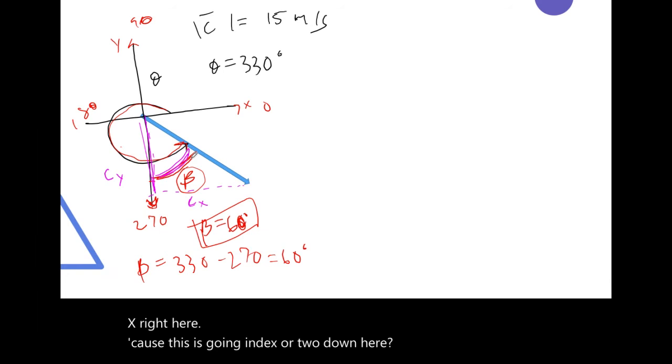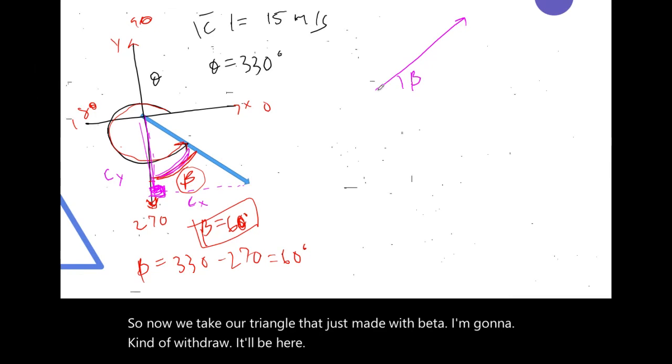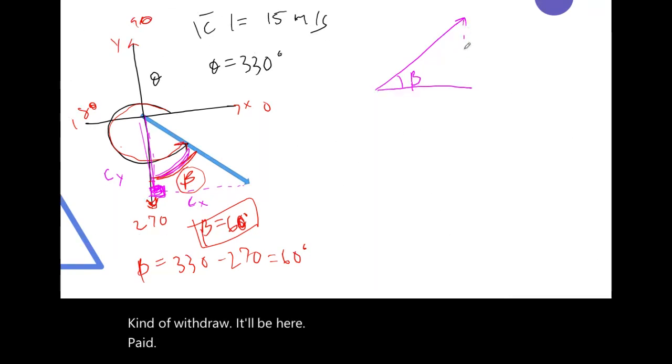I'm going to redraw it over here. This is beta. So notice now, when I use this angle beta, this bottom side is the y component, so it's y.